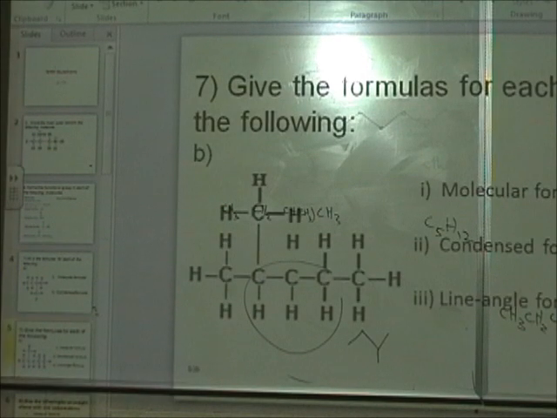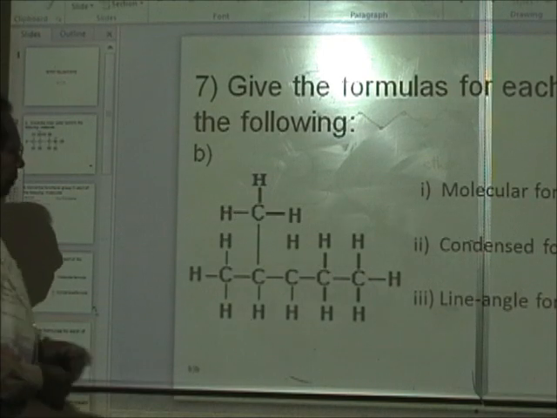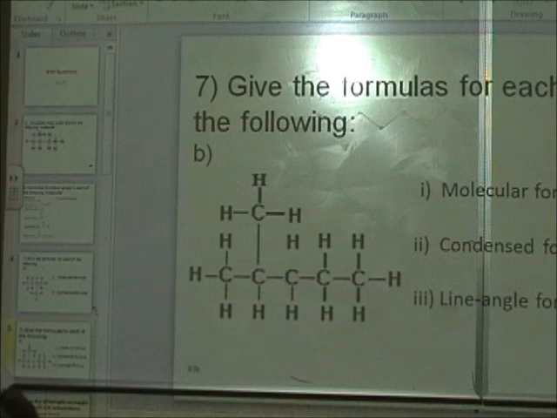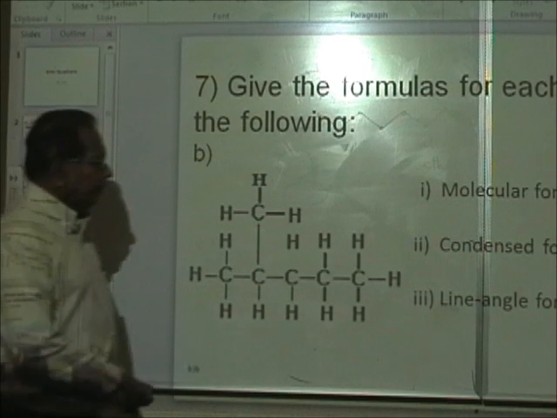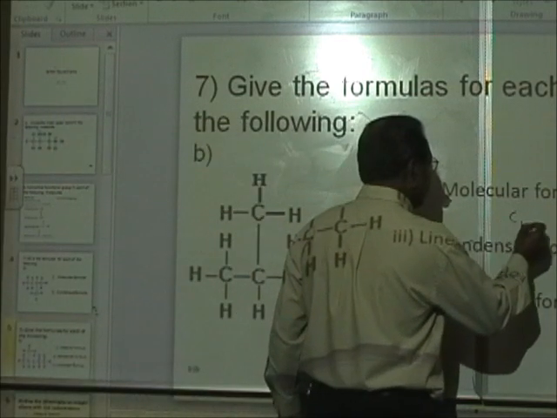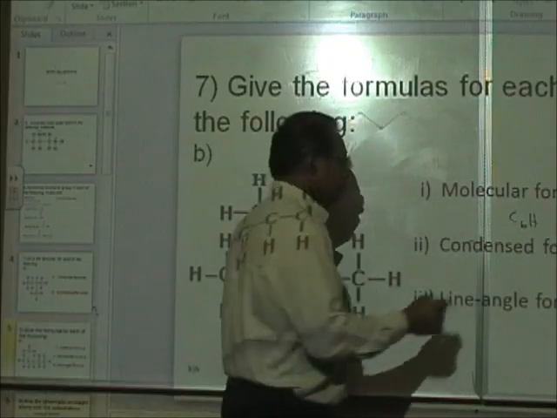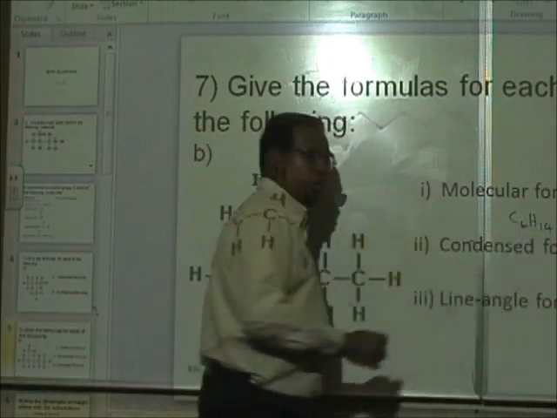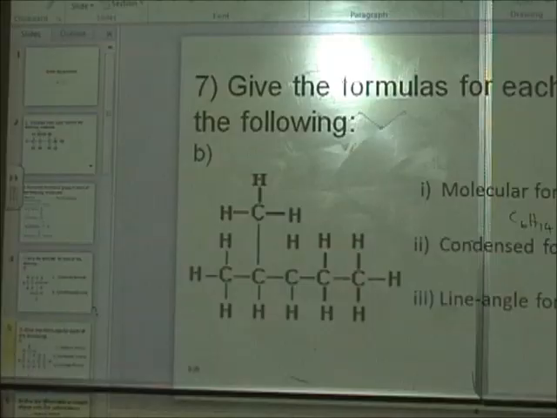We're going to do the same thing here. Molecular formula, how many carbon atoms are here? 6. Okay, it's going to be C6H14, all right? 2n plus 2 hydrogens.